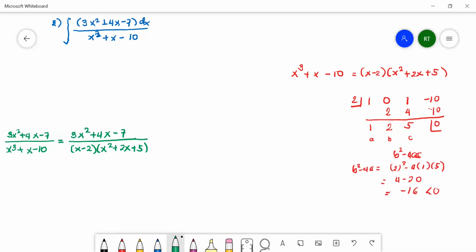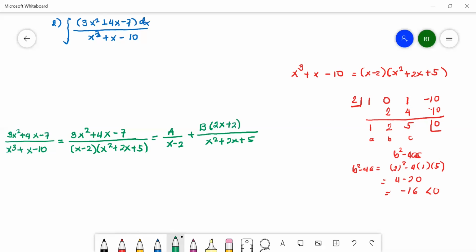Corresponding to the linear factor is A over x minus 2, and corresponding to the quadratic factor x squared plus 2x plus 5, there corresponds a sum of partial fractions: B times the quantity, of course, we take the derivative of the quadratic factor, and the derivative is 2x plus 2.